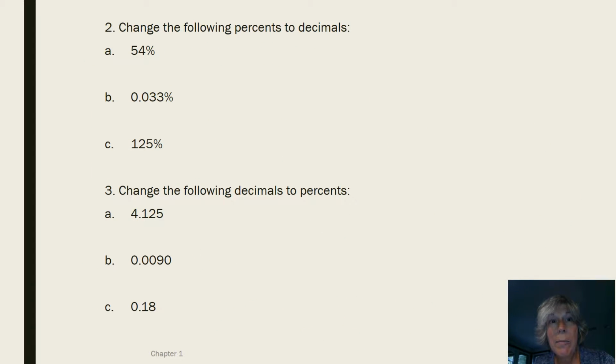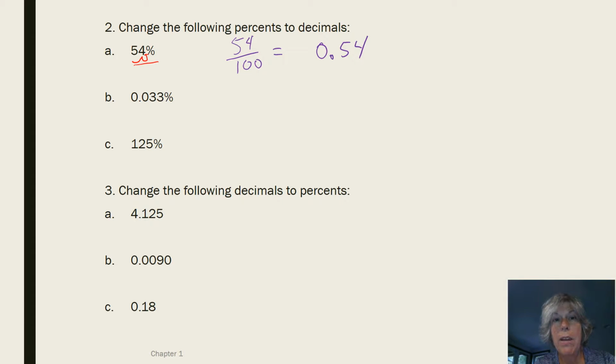Changing percents to decimals is really easy. A percent means out of 100, so 54% is 54 hundredths, which is the same as 0.54. So 54% to 0.54 means you're really just moving the decimal point 2 places to the left.